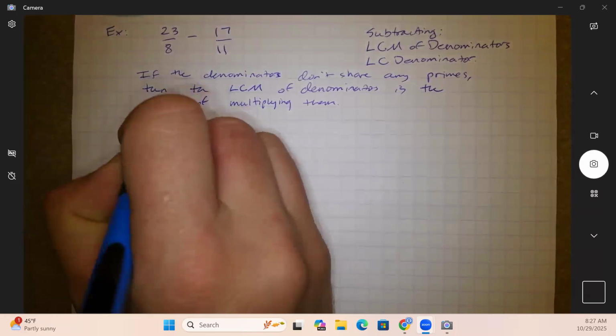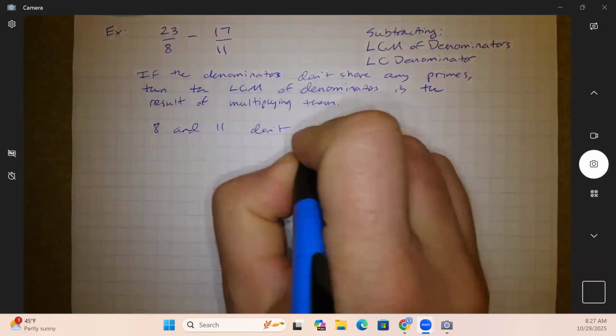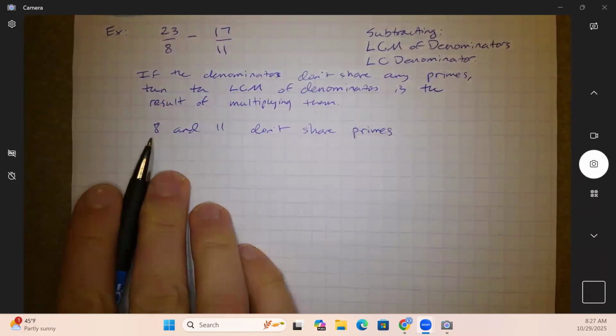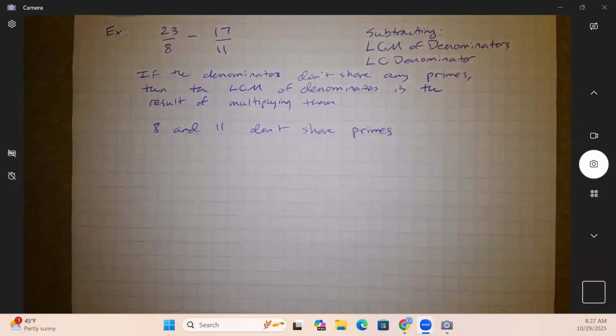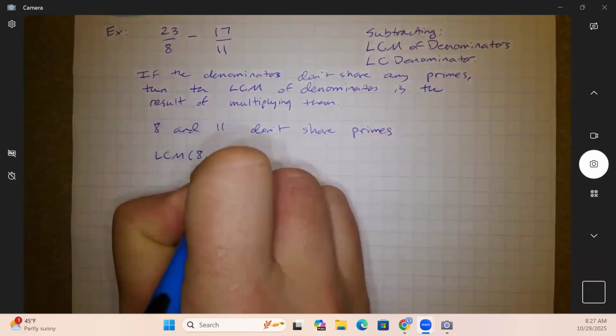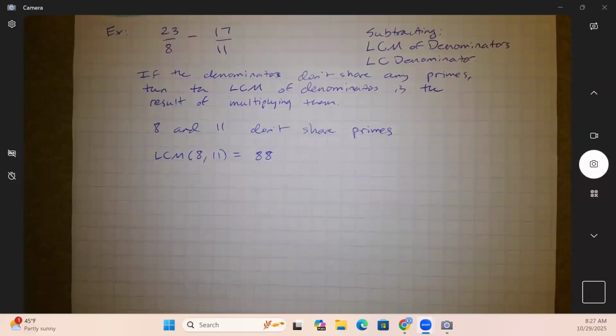So in this case, 8 and 11 don't share primes, because 8 is 2 times 2 times 2, and 11 is prime all by itself. So the least common multiple of 8 and 11 is 8 times 11, it's 88. We don't have to do more work.